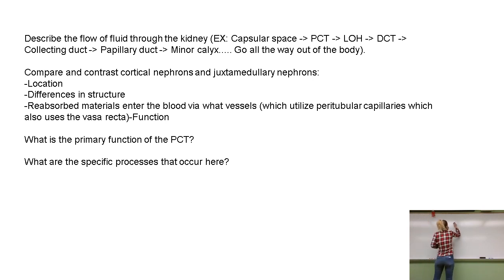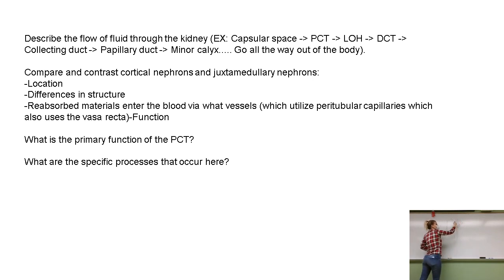So we'll just start at the nephron, and then we'll make our way out of the kidney from there. Okay, so blood goes, and you guys should know a lot of this.